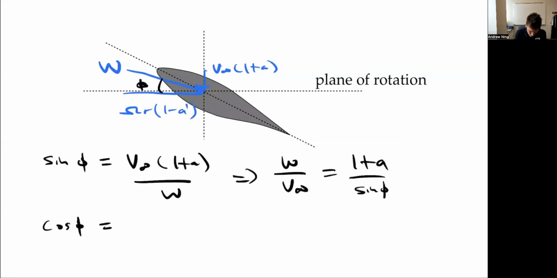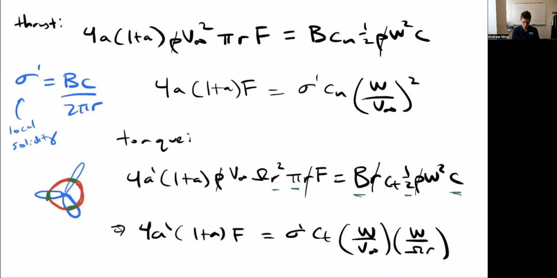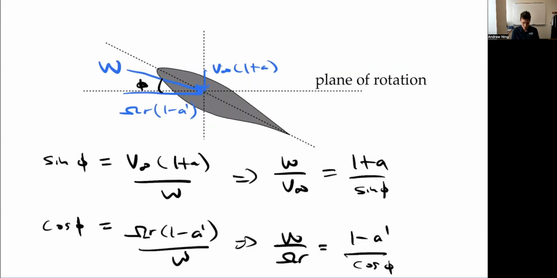The cosine is omega r 1 minus a prime divided by w, or I could see that w over omega r is equal to 1 minus a prime over cos phi. Okay, so I'm going to take these things and substitute them in. I've got this w over V infinity, I'll substitute in here, and then for w over omega r, I'll substitute in this thing. Okay, and when I do that, this is going to make this simpler.